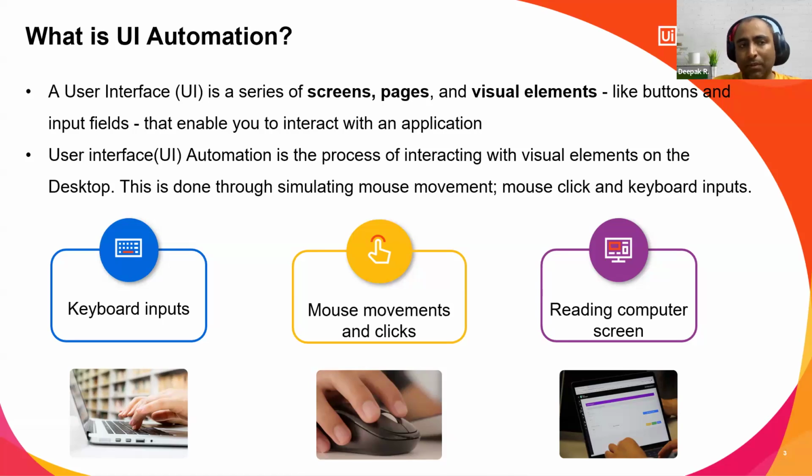Sometimes we are using a Citrix environment as well, and that also comes under this. So user interface automation is a process of interacting with visual elements or performing actions on desktop as well as web-based applications. Normally this is done by simulating keyboard inputs, mouse movements or clicks, as well as recording the screen.